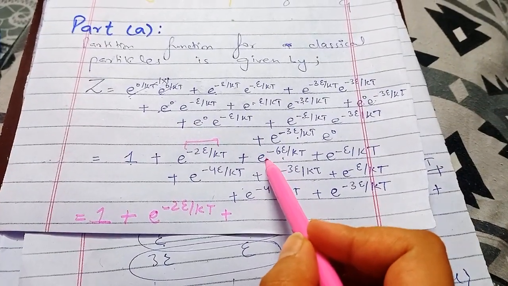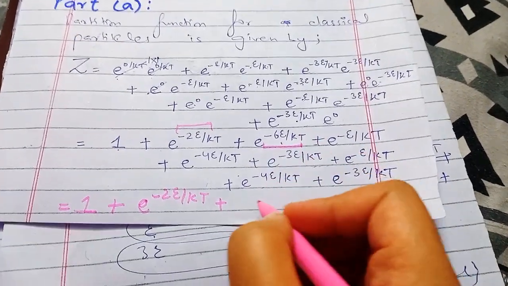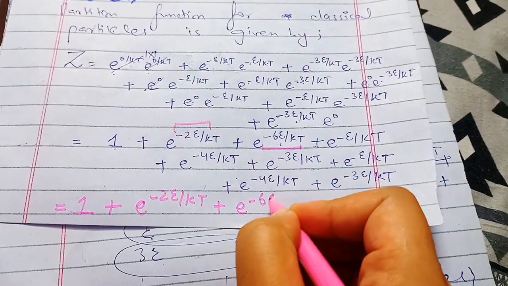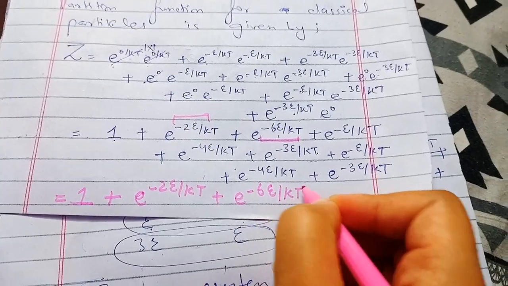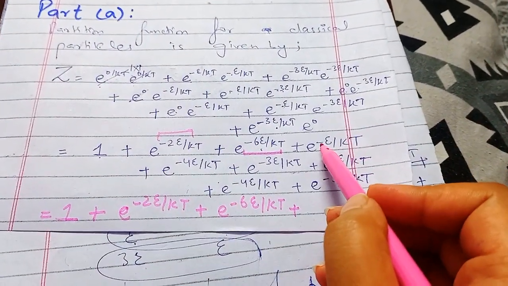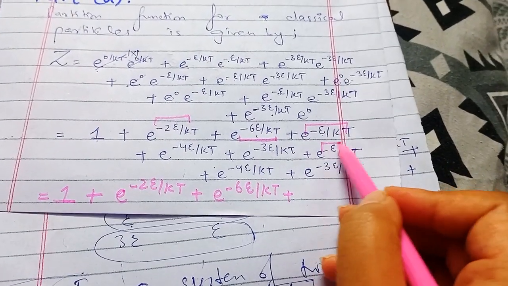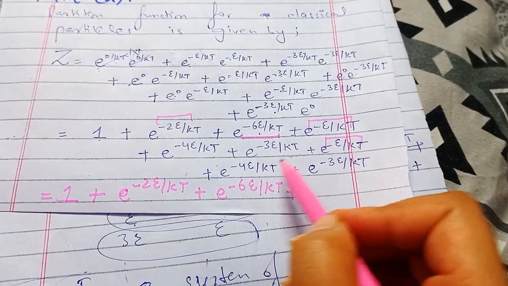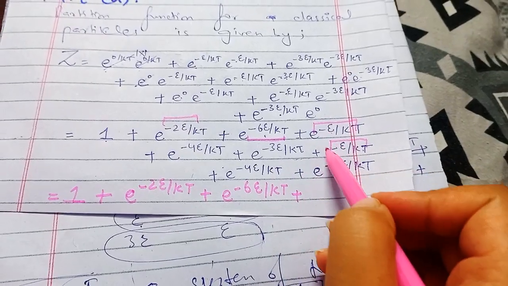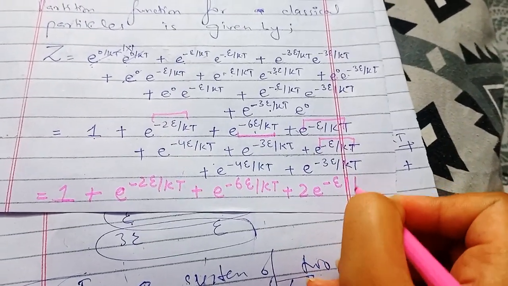This is e to the power minus 6E by kT here, and there is no more term for this, so it's simply minus 6E by kT. It could not be solved further. Plus we can see it's e to the power minus E by kT. Here is that term. This is also e to the power minus E by kT, so we can add them up. There are two of them, so 2e to the power minus E by kT.